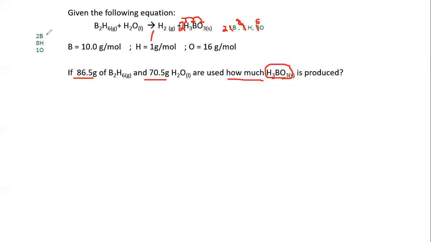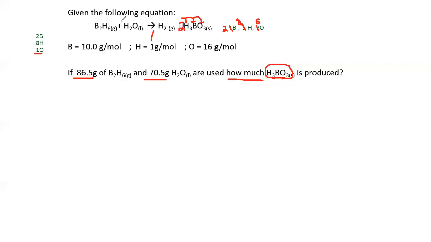So you notice now that the boron and the hydrogen are balanced. There's 2 boron on both sides and 8 hydrogen on both sides. But the oxygen is not balanced. On one side we have 6, on the other side we have 1.